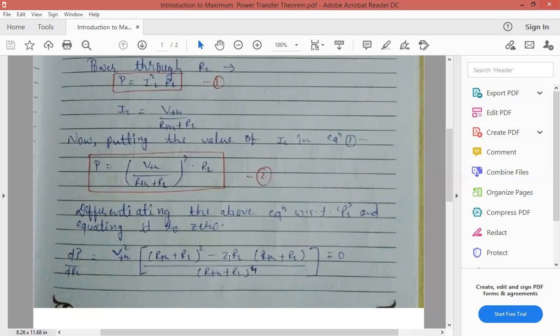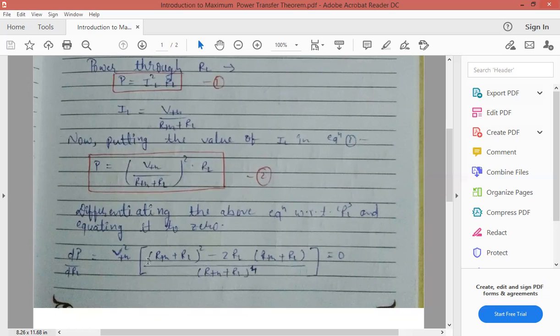Now we will differentiate V with respect to RL. So we will get 2 into RTH plus RL, and U will be as it is. U is VTH square into RL, equals 0.